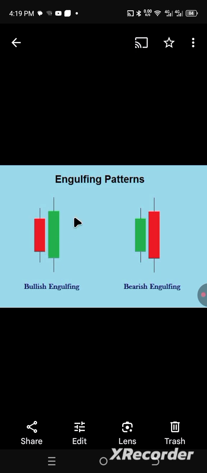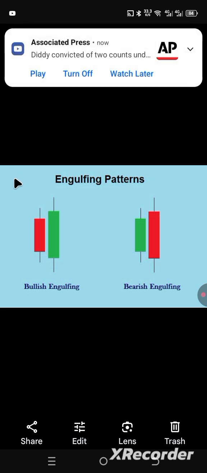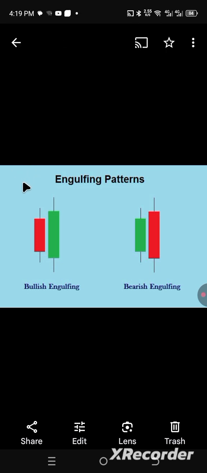Judging from this pattern, these are two different patterns. This is the bullish engulfing, meaning if you see this, the trend was down. It was coming down, sellers were in control. Then you see the next bar developing like this. This is engulfing. This bar became so big that it had to eat up this bar.